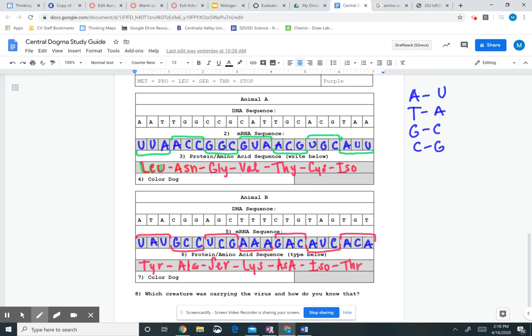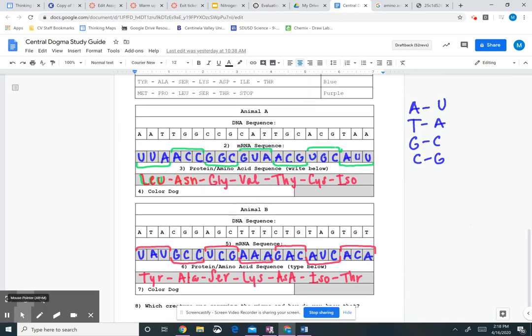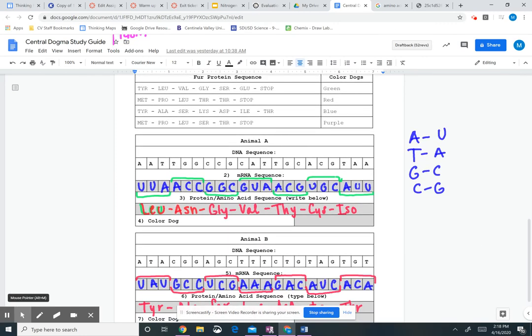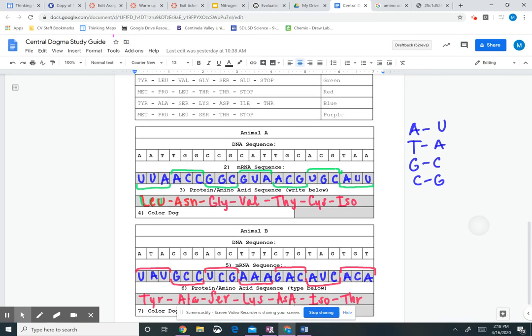Okay, so now the next step is to determine what color these animals are going to be and what they code for. So now we're going to scroll up a little bit and look at some of this stuff right here. We have to see if any of our sequences match any of these colors.